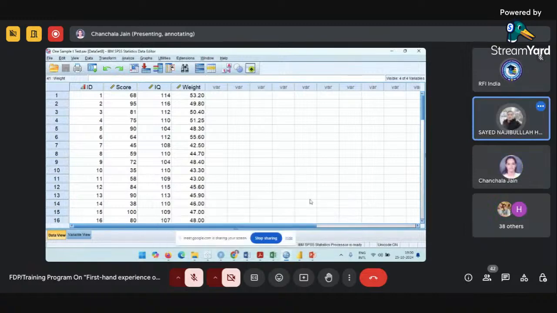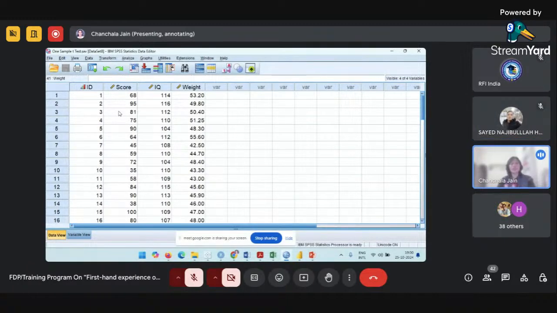Yes, ma'am. I think I have shared two sheets. Both the sheets are similar. Only in the latest sheet, I have added one more variable for you, which is the weight, right? So this is for your practice purpose. I will use only one variable, and then I'll ask you to perform the one sample test on the rest of the two variables, right?